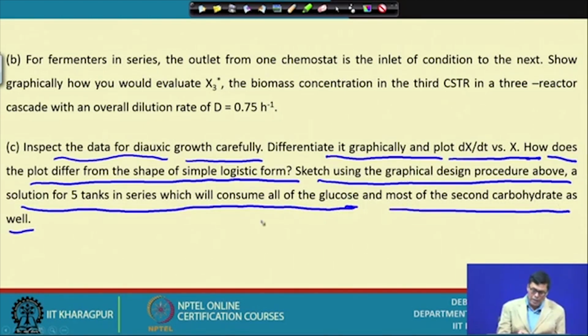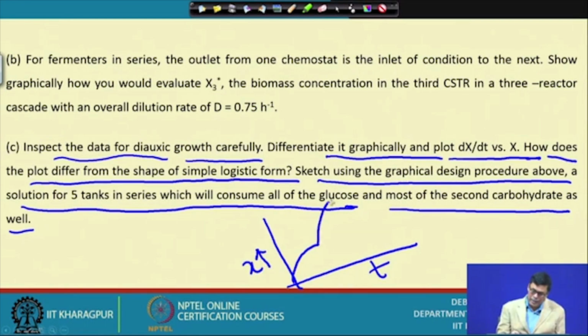We know that diauxic growth means, if you have the cell mass concentration with respect to time, it goes like this, and until the first carbon source is totally exhausted, the second carbon source will not be utilized. The nature of diauxic growth is like this.